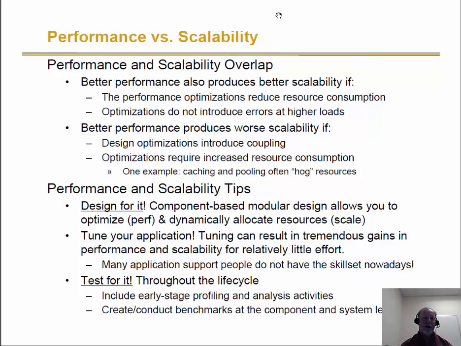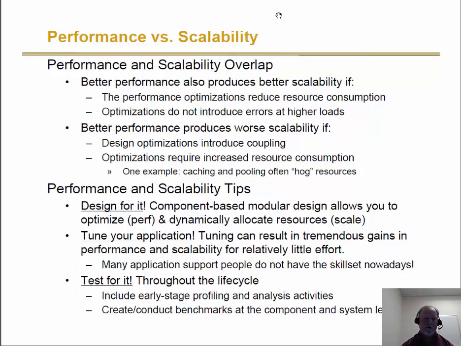I'm using fewer resources and I'm making the system run faster. Maybe I introduced a cache along the way. So I can solve both, but I want to make sure that performance and scalability, by the definitions we used, are not the same thing, but they are highly interrelated, and very often techniques that will help you with one will help you with the other.